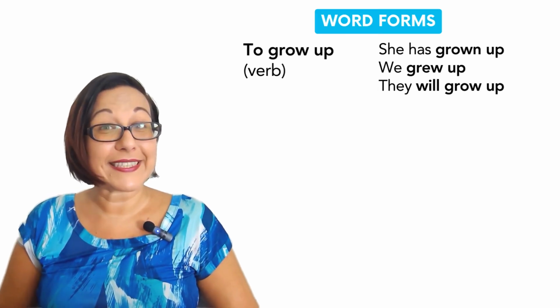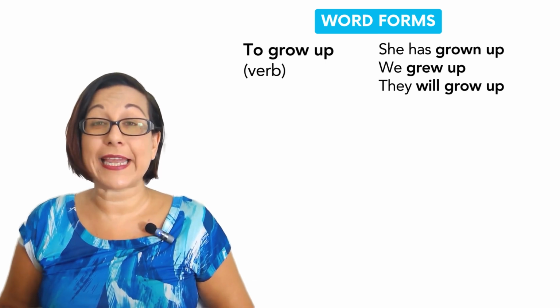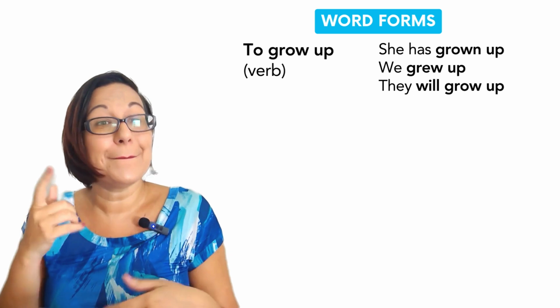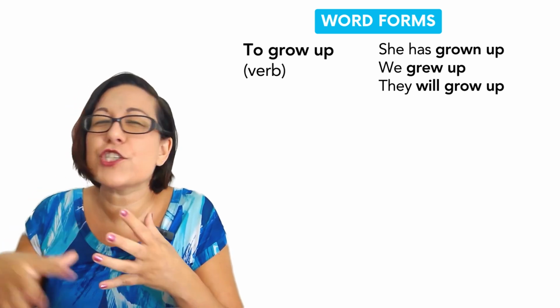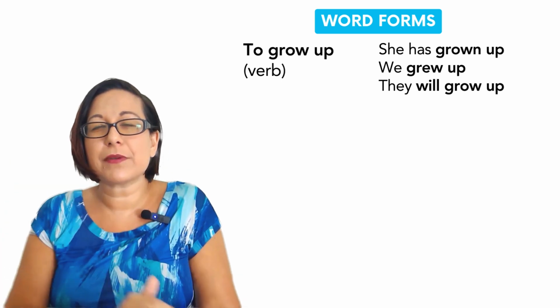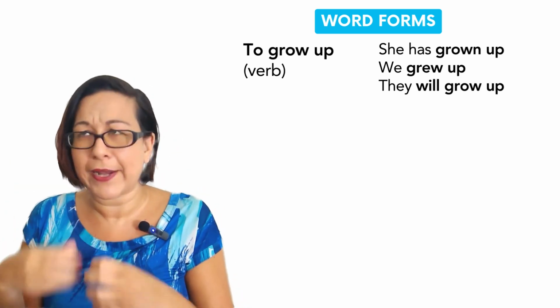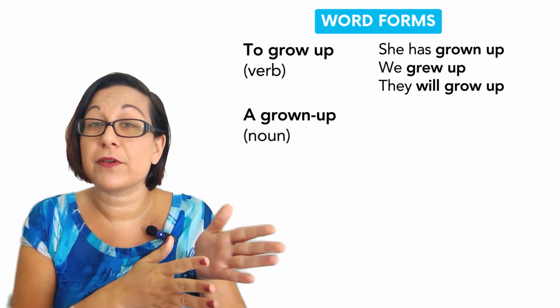Now, don't forget to consider the different word forms. So we are looking at to grow up. It's the verb. But what can we call someone who has finished that process of growing up? I mean, yes, of course, you can call them an adult, or you can say a grown-up.